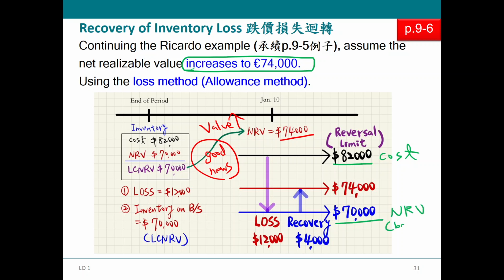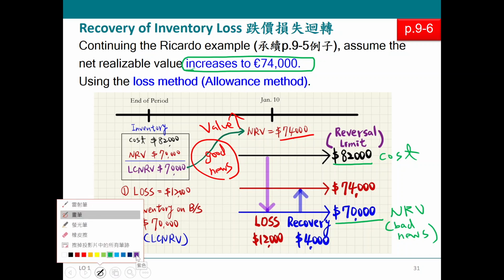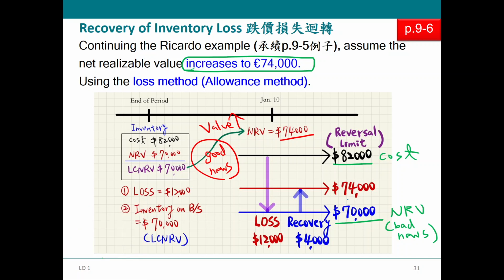Due to bad news, that's why we recognized the loss of $12,000. Right now, later on, because of good news, my NRV increased to $74,000. So your market value, how much money the customer is willing to pay, increased to $74,000. So this is your new NRV because of good news.